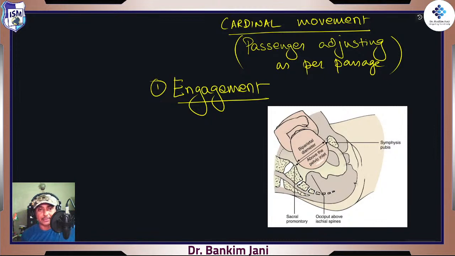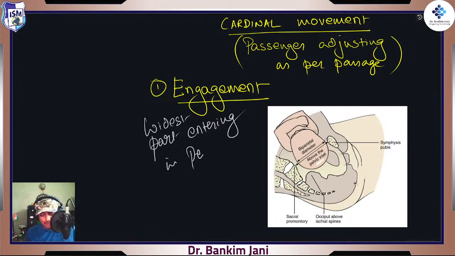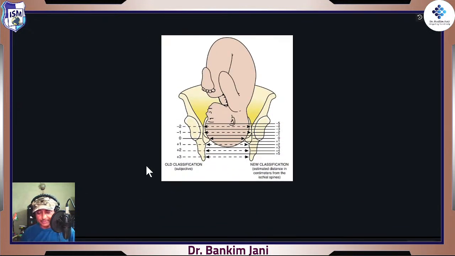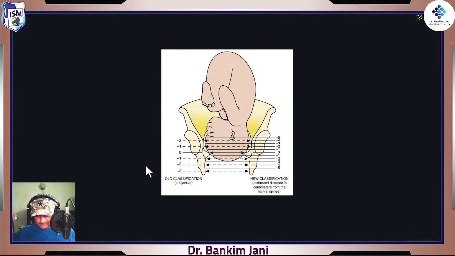When the widest part of the baby is crossing this plane of the pelvic inlet, the widest part entering the pelvic inlet, that's what is called engagement. Here, if the presentation is cephalic, this is very simple.